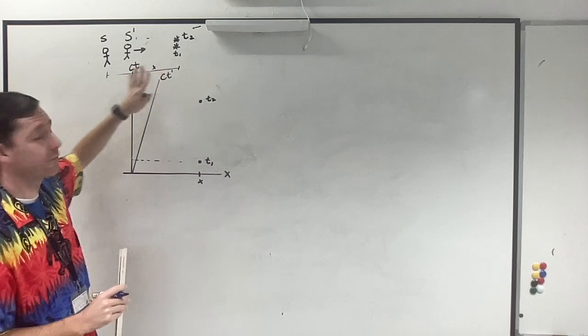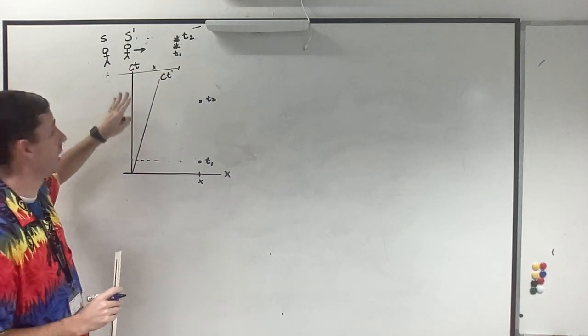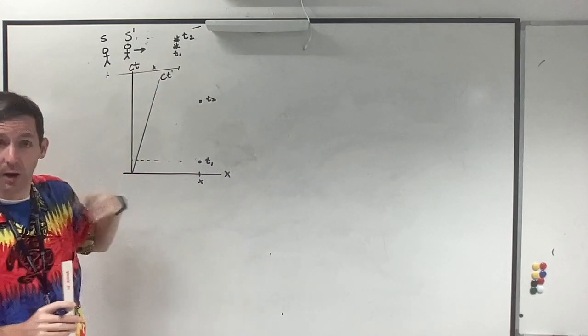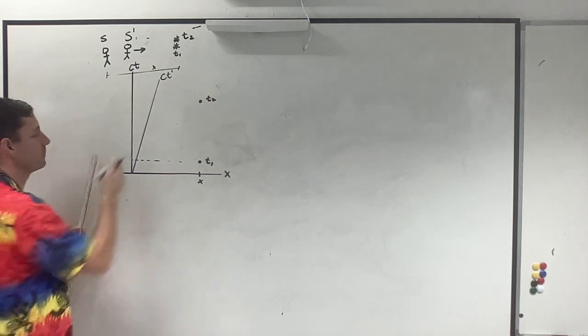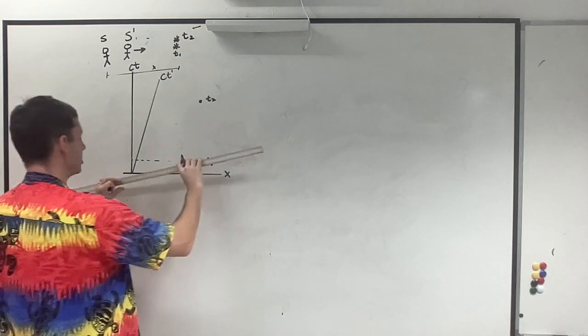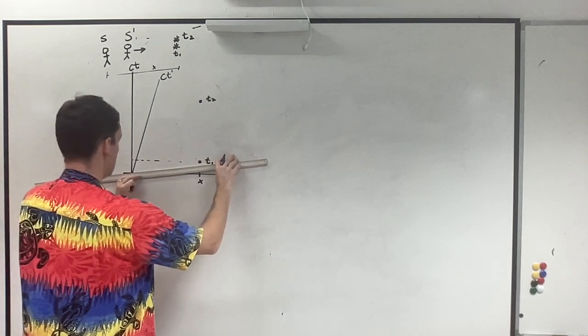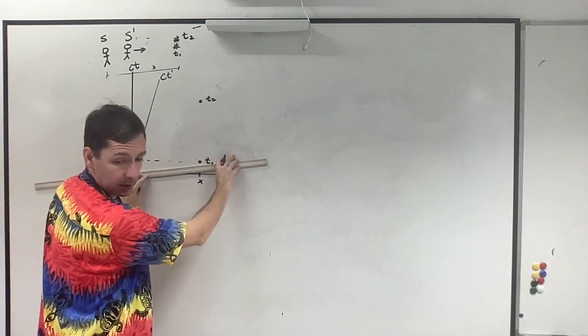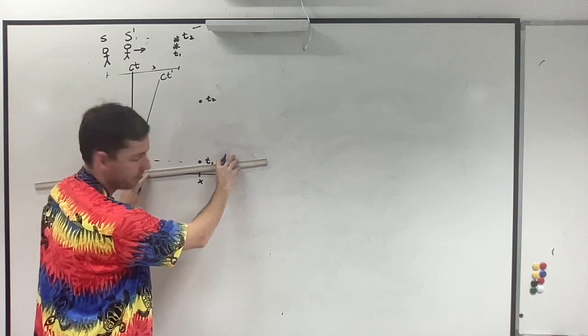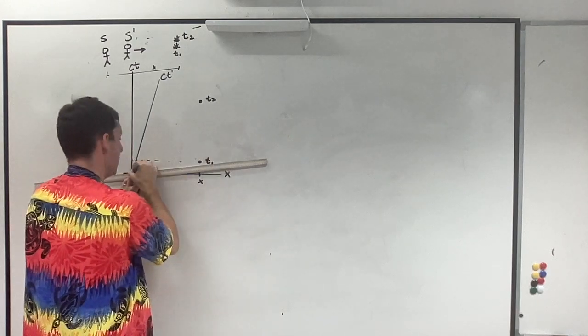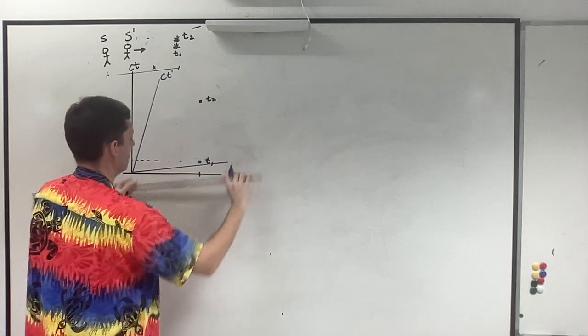That's their motion from the perspective of S, right? They're moving with some velocity to the right. Okay, again, because I have a CT prime, I should also have a similar x prime here. All right, so I'll go ahead and draw that in.